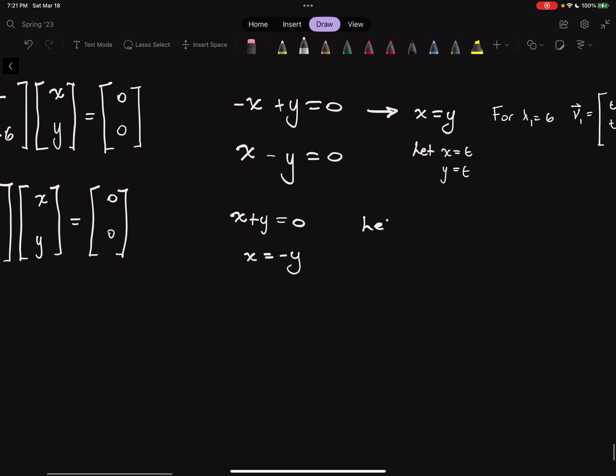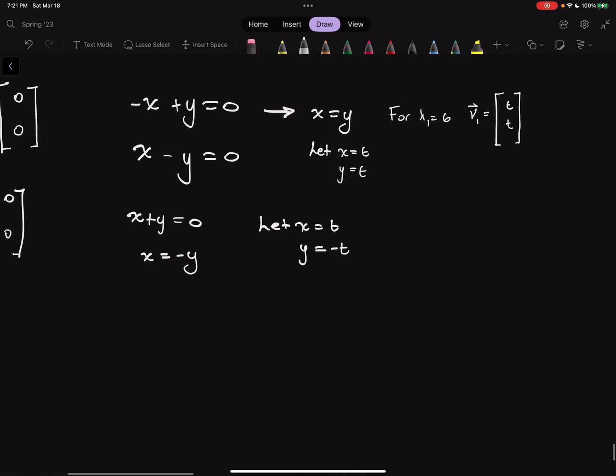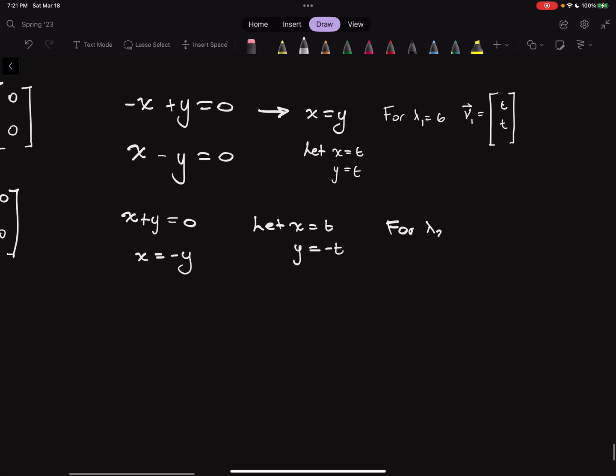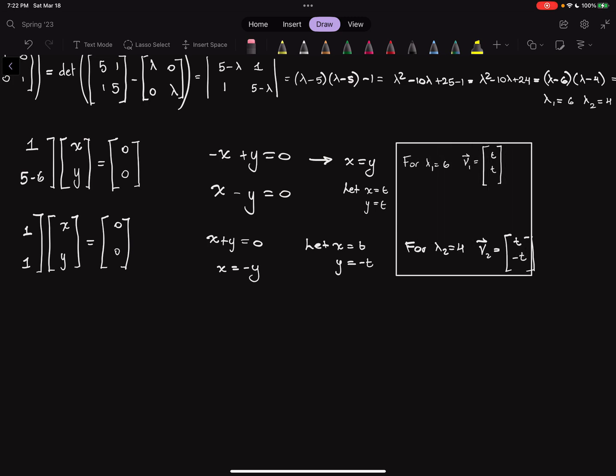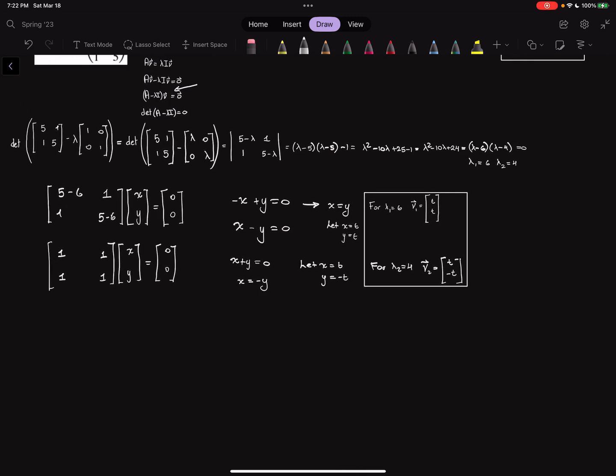And if we let x be t, then y is going to be negative t. So for lambda 2 of 4, our eigenvector is going to be t and negative t, for which we can choose any value. So this right here ends up being our answer.